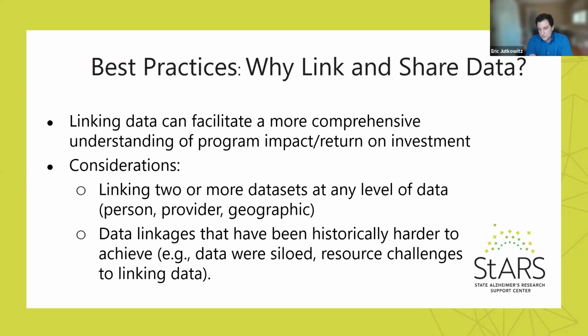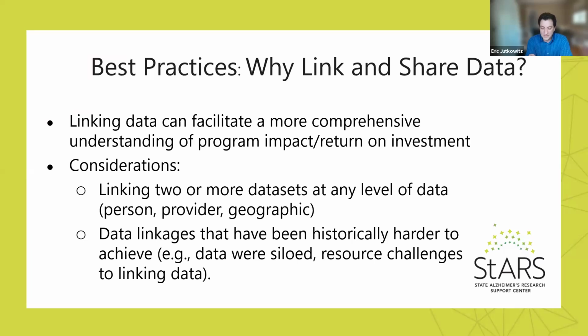We want to encourage folks who are interested in the StARS grant mechanism to think about linking 2 or more data sets. They can be at any level, but the linkage should be appropriate for the question at hand. And so you could think about linking 2 different data sets at the person level. You could think about linking data at the person to provider level, at the person to geographic level, at a provider to geographic level.